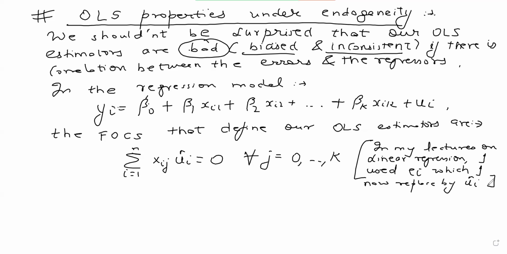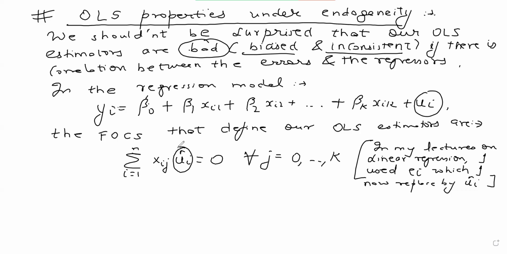The only difference is the notational difference. I have used ei before because I was using Damodar Gujarati at that time for my lectures on linear regression, but for this particular topic, I prefer to use Wooldridge. I'm just exactly following the book, so I can replace ei with ui hat. Remember, ei was the sample residual term, which was used to estimate ui. Now, instead of ei, I use ui hat.